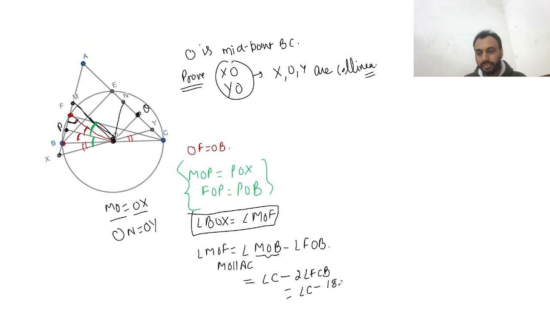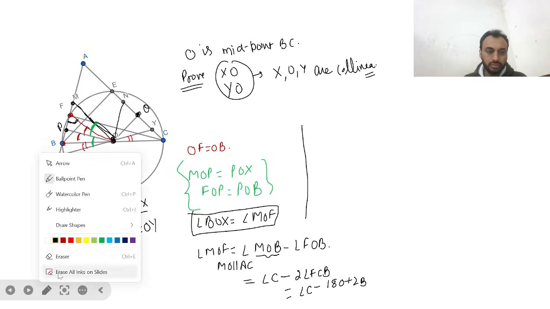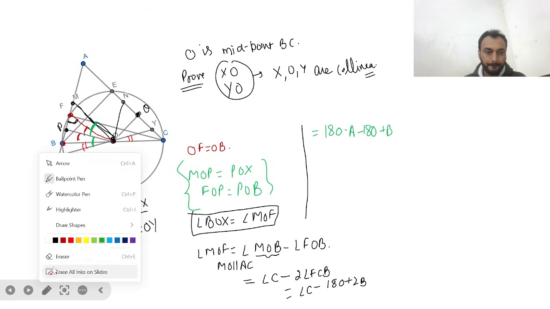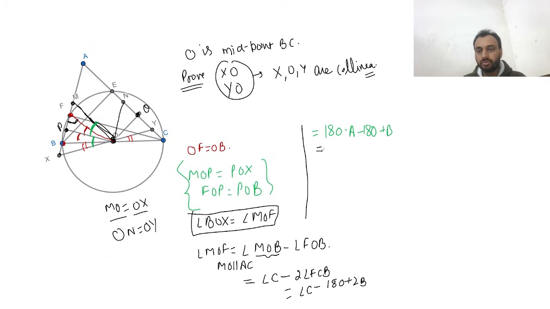So what we will get? Minus 180 plus 2B. So we can get B plus C is 180 minus A. So 180 minus A minus 180 plus B. So that 180 is cancelled out.